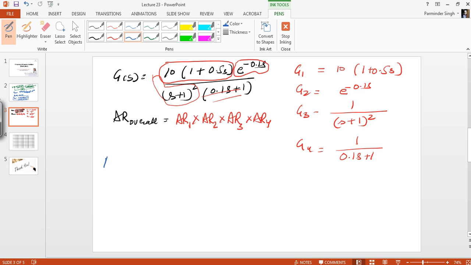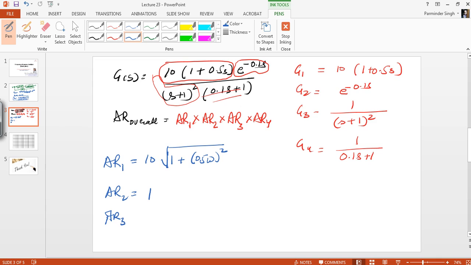AR1, it's a PD controller, so AR1 can be taken as 10 under root of 1 + (0.5 omega) whole square. Clear? AR2, it's a lag, so AR2 is always 1. Amplitude ratio 3.